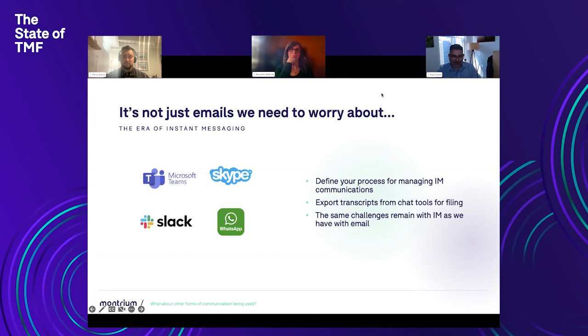There you can chat around a query, or around an artifact or a site, and retain this information, and you've got full traceability. So I think there's a ton of things that we need to think about here to make sure that we're not losing information and therefore losing traceability and losing records that need to be part of the TMF.